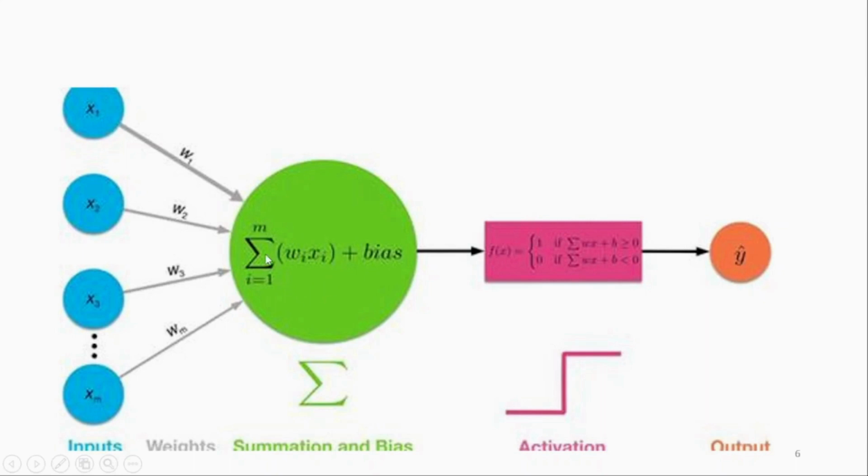Some values are coming from the nodes, and then the gate decides whether it should be opened or not. Depending upon some threshold value, either the input values or the output values should be passed to the next layer or not. So this is the very simple explanation of how an activation function works.